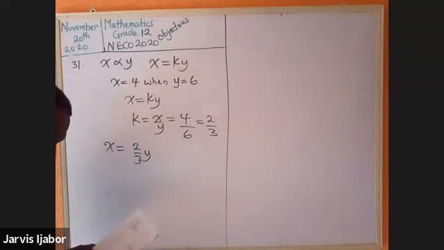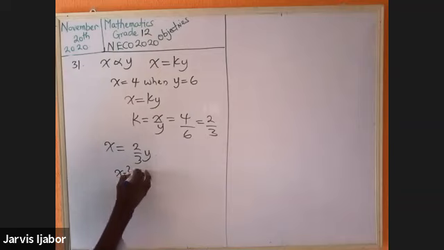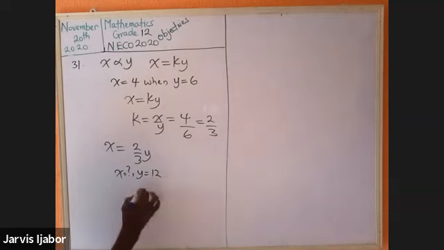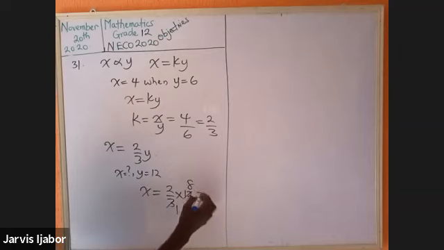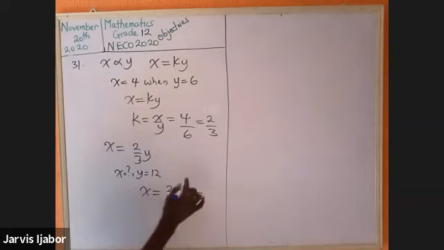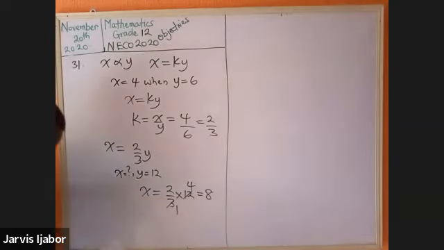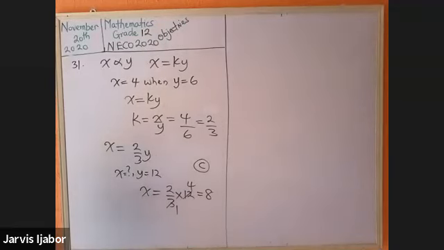Now, the next thing we want to look at is what is x when y is 12. So we make a substitution of 12 where we have y, and invariably x will then be equal to 2 over 3 times 12. And that will be what? 8. So x will be 8 in that setup.